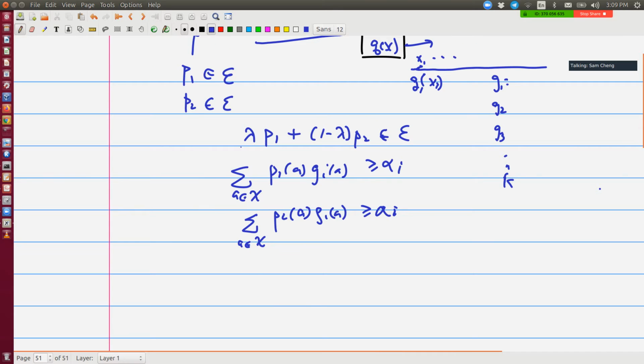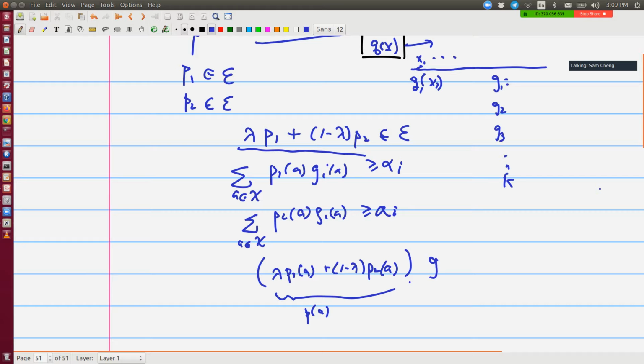Then I have this new P, lambda P1(a) plus (1 minus lambda) P2(a), as a new P here, with g_i(a). This should be bigger than alpha_i as well. It's easy to show, right?